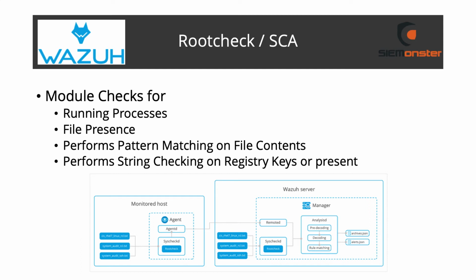You will note that on the monitored host, on the left-hand side, there are three blocks that say Red Hat Enterprise Linux 7, System Audit, and System Audit SSH. These are specific to Linux, however, there are Windows ones as well. But they are not as inclusive as the Linux ones, as there are multiple different Windows components that can be audited, and these can be added as needed.